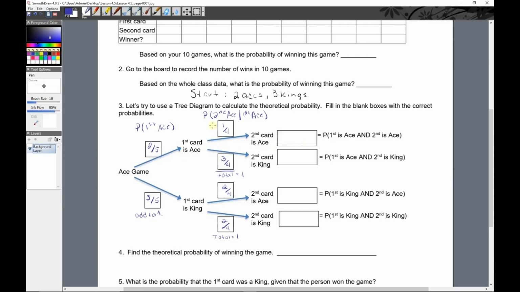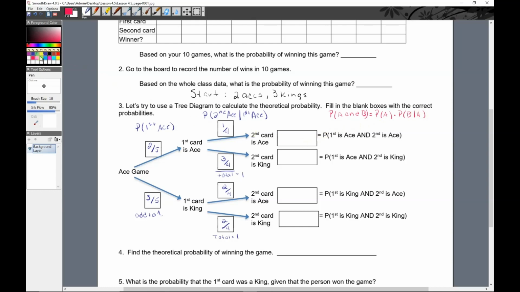This is going to be based on our general multiplication rule, which says that the probability of A and B equals the probability of A times the probability of B given that A happened.